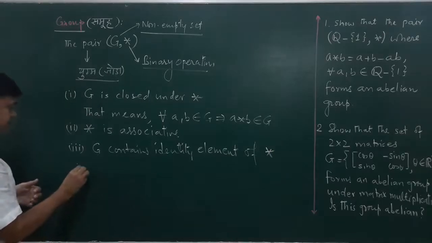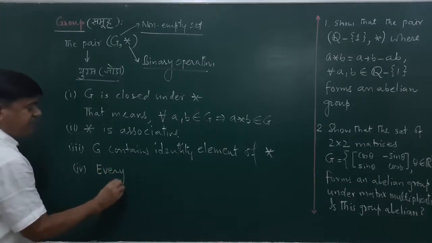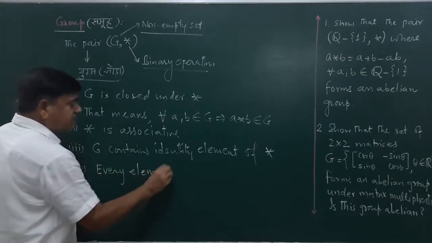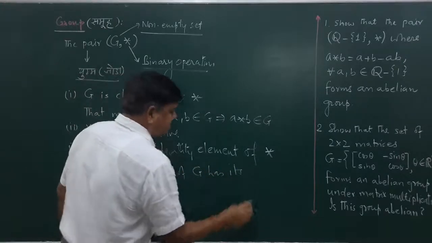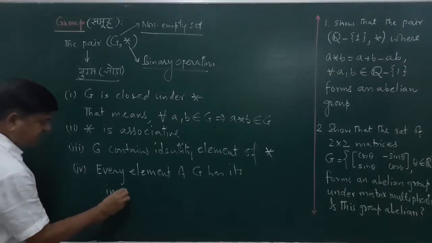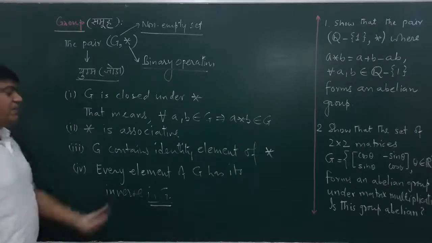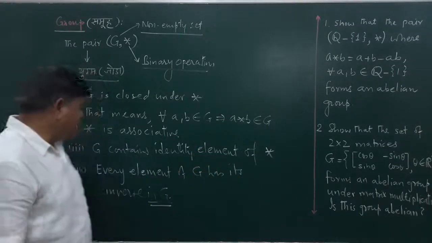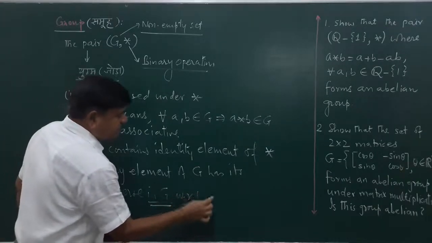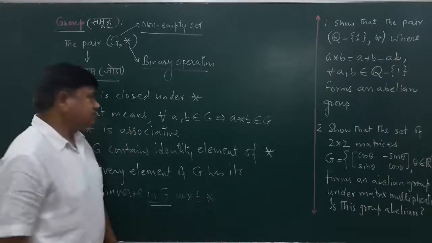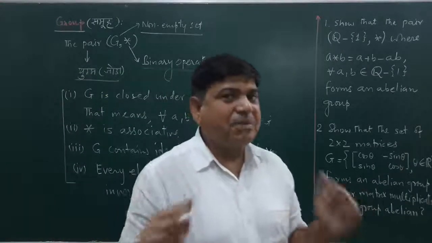And fourth, every element of G has its inverse in G. Every element of G has its inverse in G with respect to the binary operation. These four things we must remember.